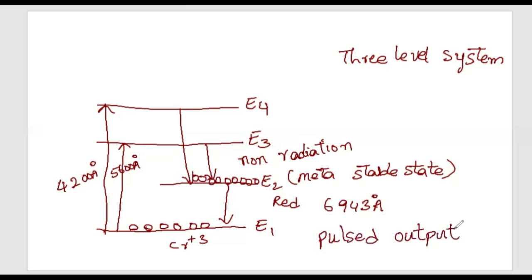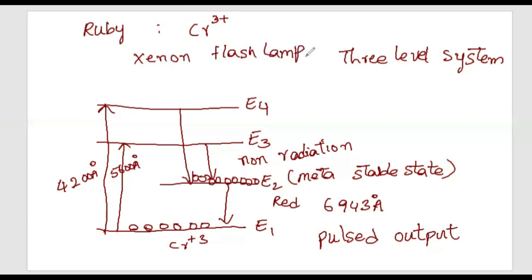Once again, let us recap. In this ruby laser, the active medium is the ruby rod and the active element is chromium ions. The pumping mechanism is the xenon flash lamp, which is optical pumping. The energy levels used are three, so it is a three-level system.